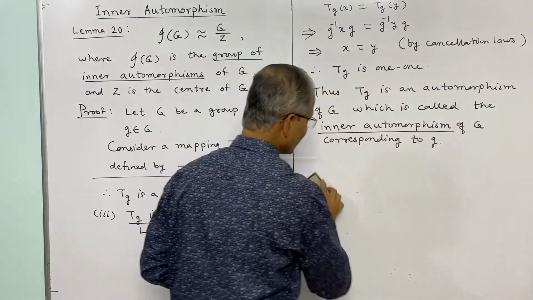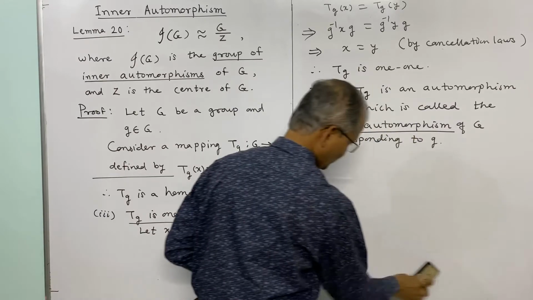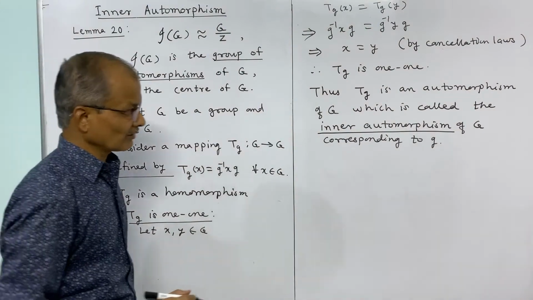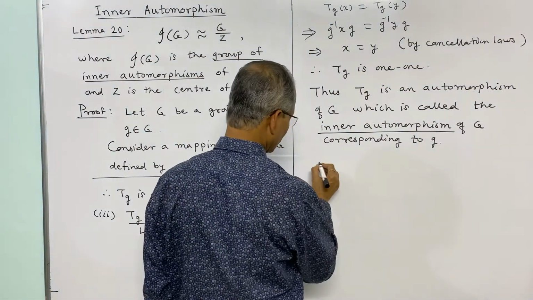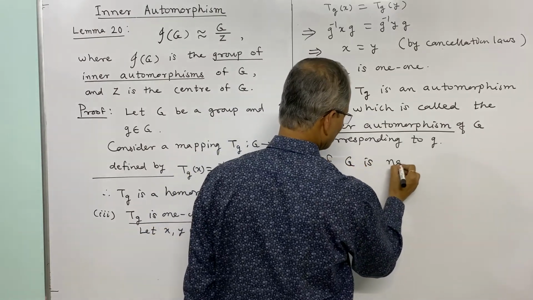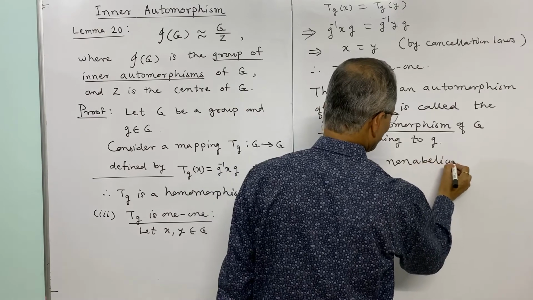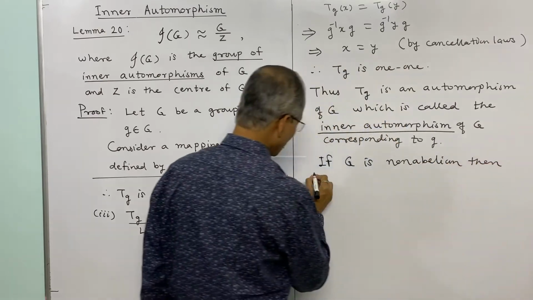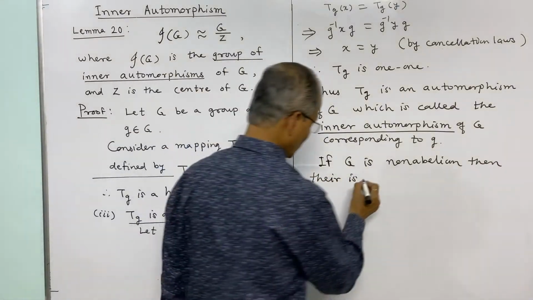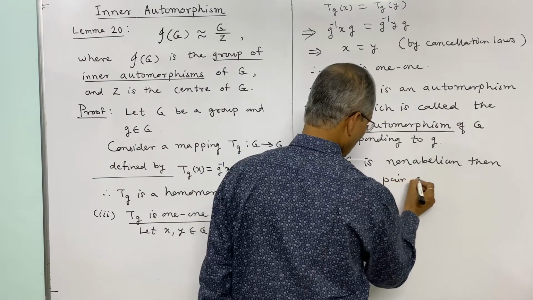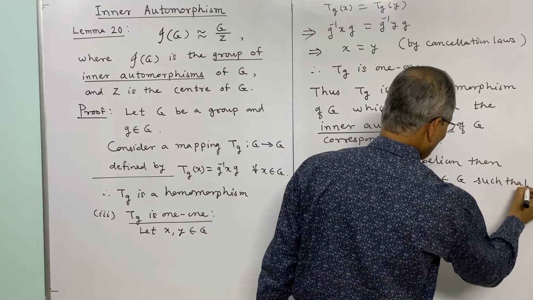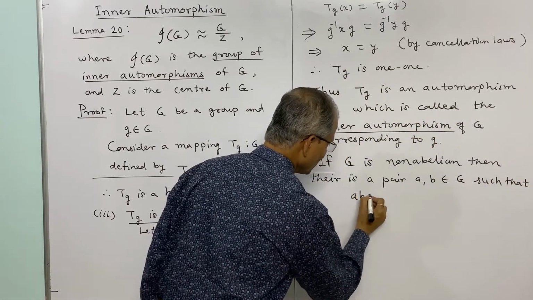But before that, if G is non-abelian, then it contains a non-trivial automorphism, which we shall mention here. If G is non-abelian, then there is a pair a, b belonging to G such that this product is not commutative, ab is not equal to ba.